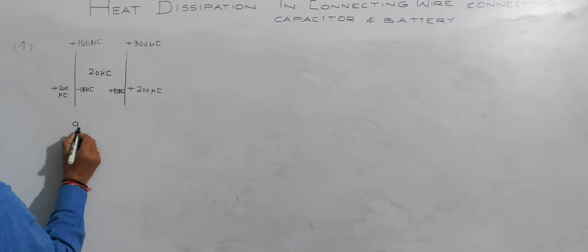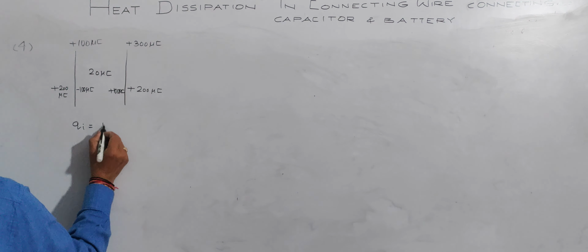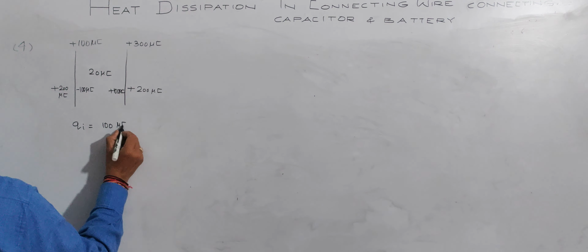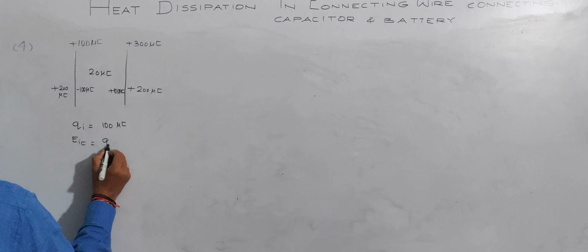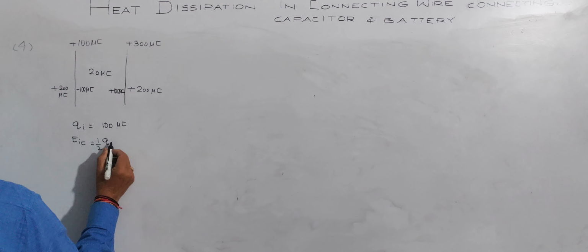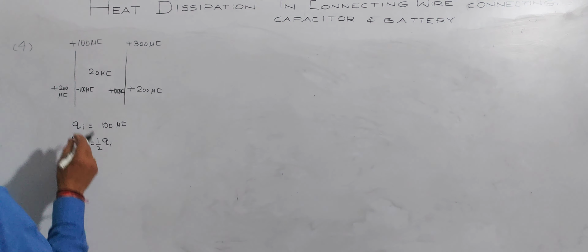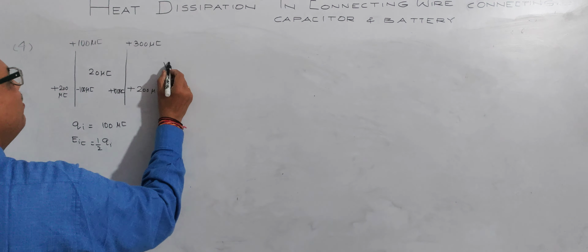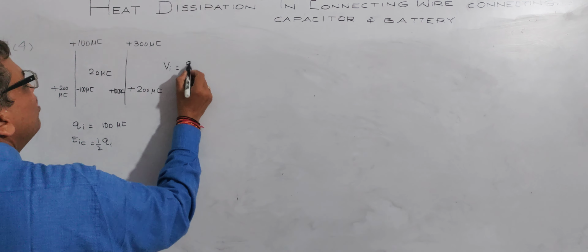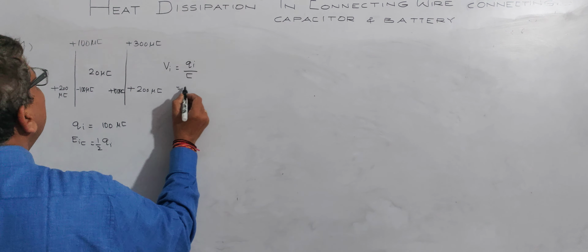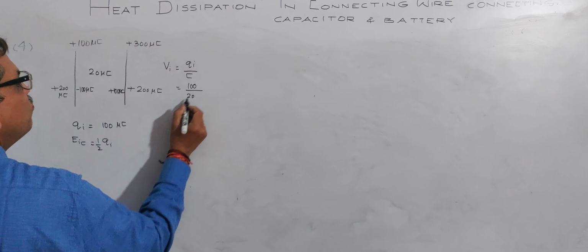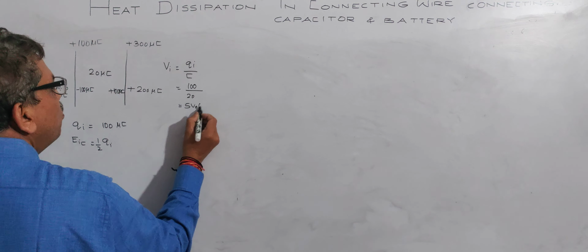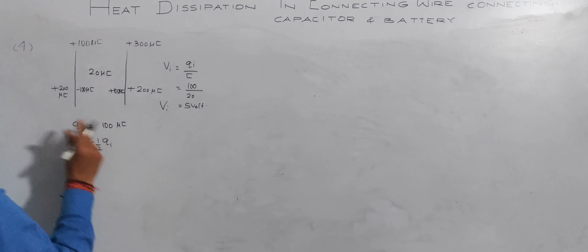So I can say the initial charge of the capacitor is only 100 microcoulomb. Initial energy stored is half Qi Vi, and Vi can be written as Qi by C. Qi is 100 only and C is 20, so 5 volt. 5 volt is the initial potential difference.